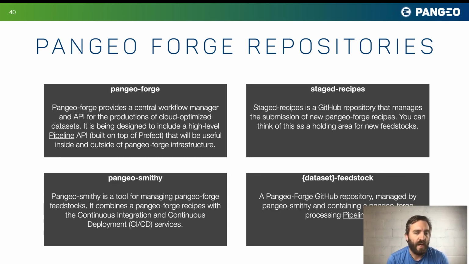We have Pangeo Smithy, which is modeled after Conda Smithy, a tool that actually will produce these data sets using the Pangeo Forge recipes. Now, the recipes are stored just like Conda Forge in various feedstocks. An individual feedstock would consist of a recipe to extract data, transform data, and load it into the cloud.